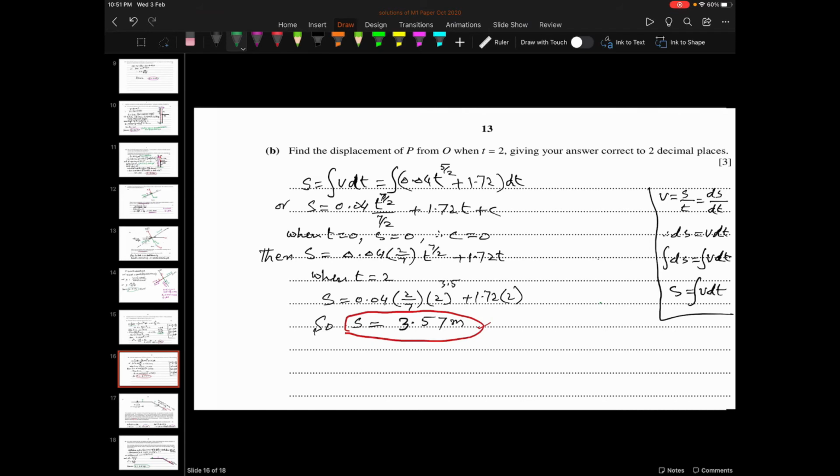Now in B part of question number 7, find the displacement of P from O when t is equal to 2, giving your answer correct to 2 decimal places. Now the relation between displacement and velocity is shown. S is equal to integral of v dt.